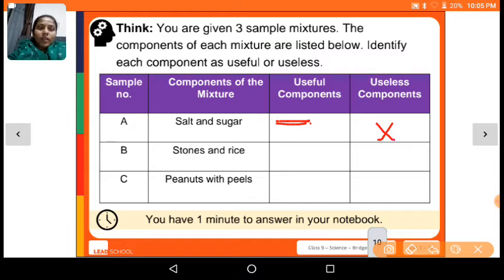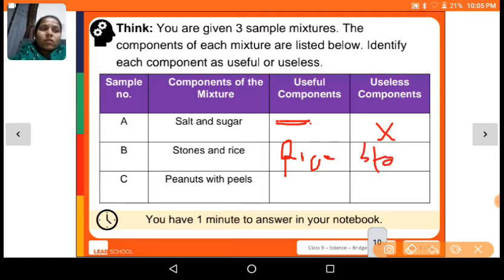Stone and rice, so rice is a useful component, and the useless component is stone. Peanut with peels, shing, ફોફાવાળી સિંગ, ફોતરાવાળી.